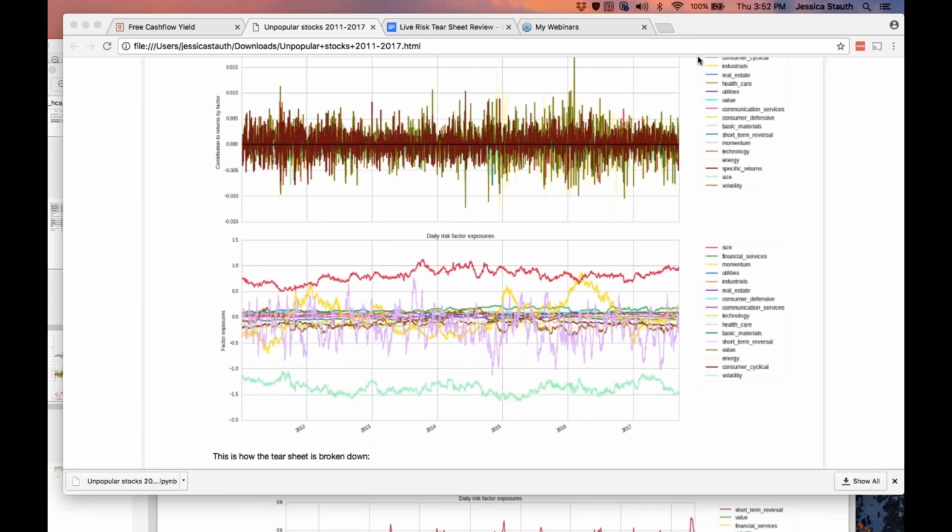We will also generate a plot with all of your annual factor returns, all of your annual factor volatility, and annual Sharpe ratio.